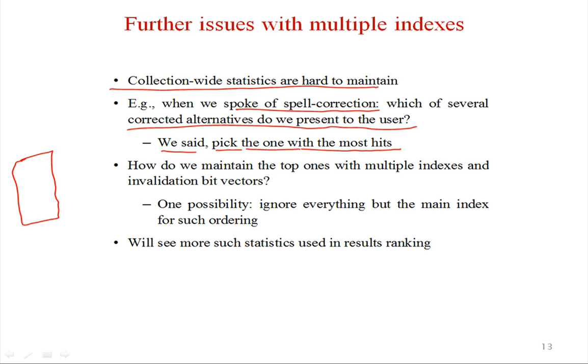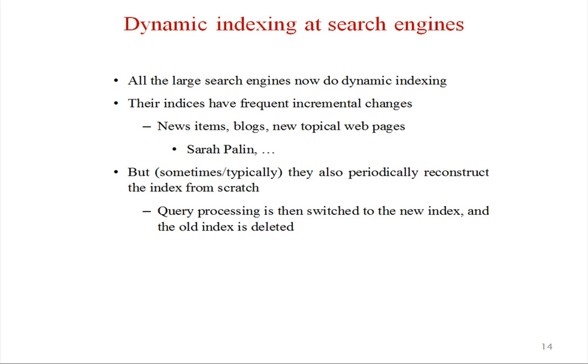The same kind of schemes are applied here. Pick the one with the most hits. And how to maintain the top one with multiple indexes and invalidation bit vectors? The answer may be to ignore everything but the main index for such ordering. We will see more statistics in results in ranking.